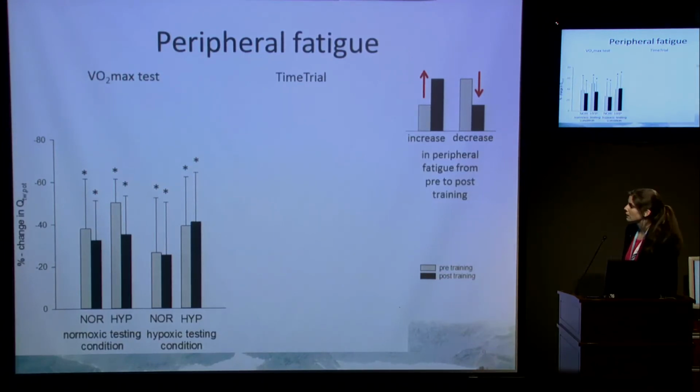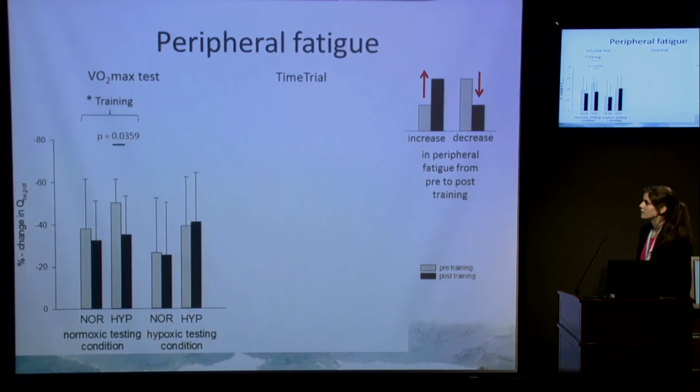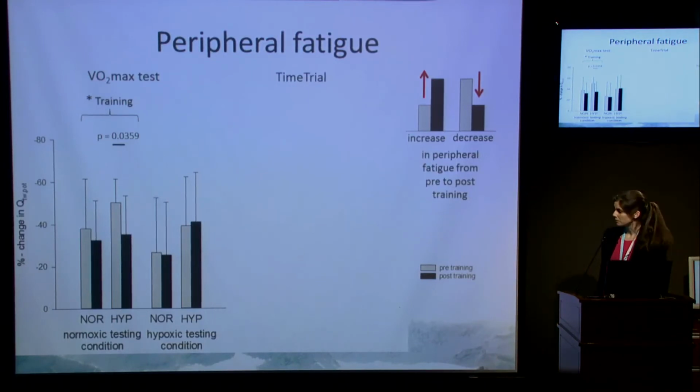If we now look at the influence of training, we see that only in the hypoxic training group under normoxic testing condition, you can see a decrease in peripheral fatigue. If we pool the data from the normoxic testing condition together, doing a mixed model analysis, we see that training has a significant effect, whereas under hypoxic testing conditions, there was no effect observed.